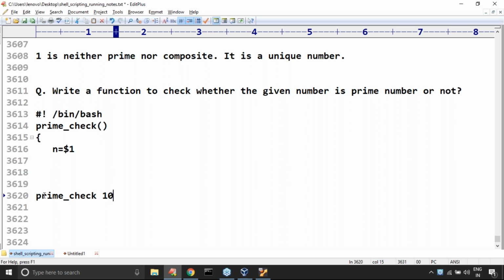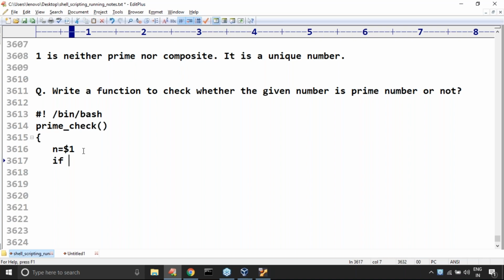Now what I will do is, if this number is less than or equal to 1, it is not a prime number.